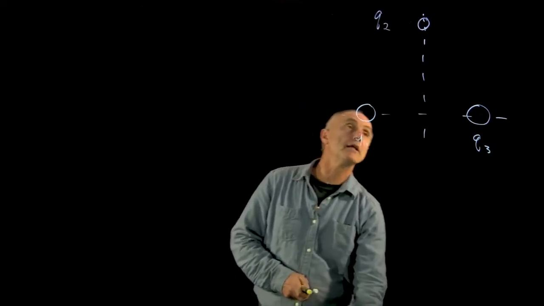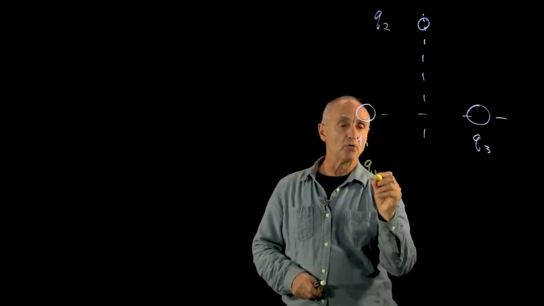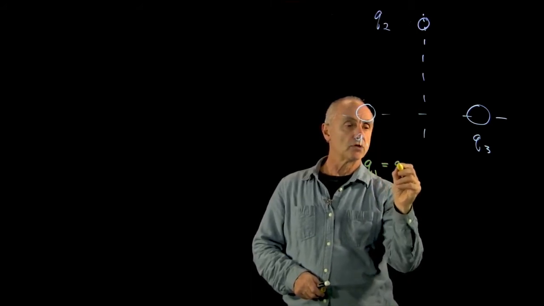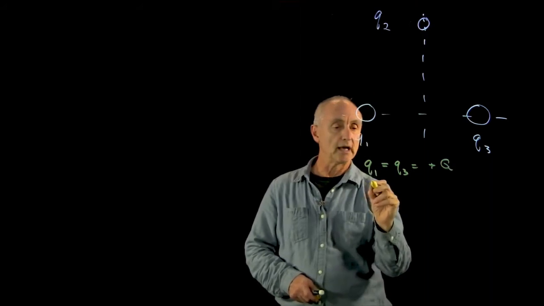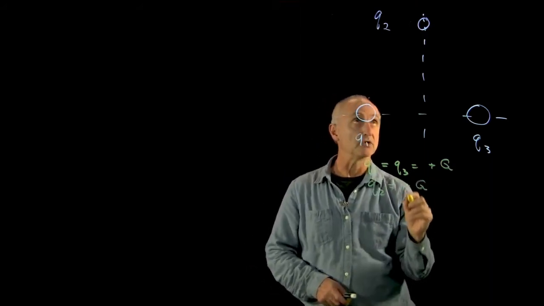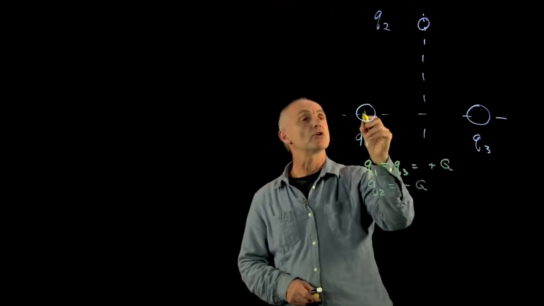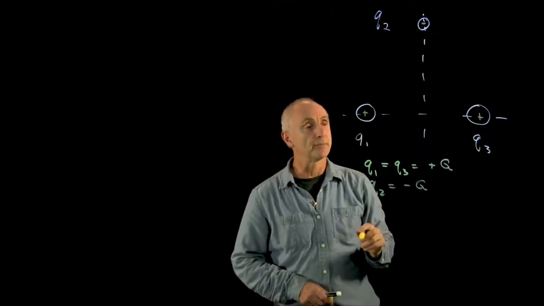Now, what we'd like to consider is the following special case. We're going to make Q1 equal to Q3, and we're going to call that plus Q, and Q2 will be equal to minus Q. So these charges are positive, and this one is negative.